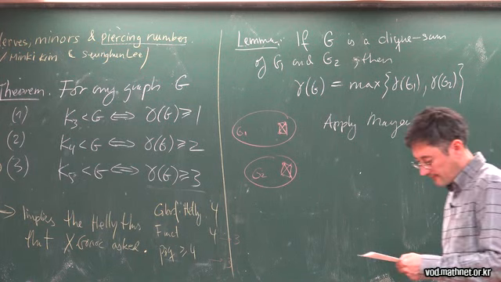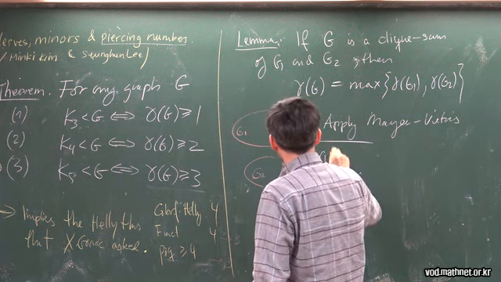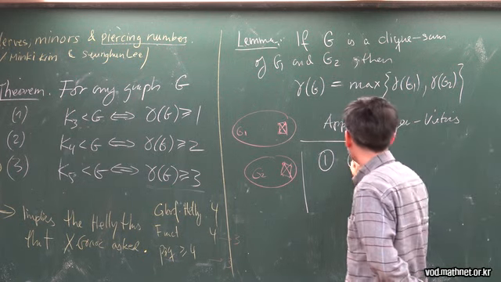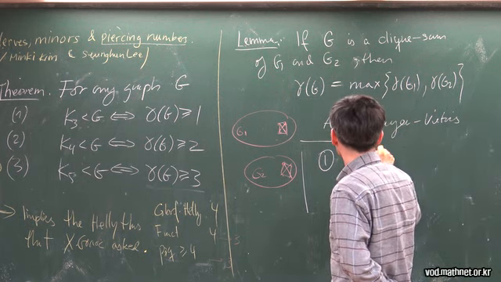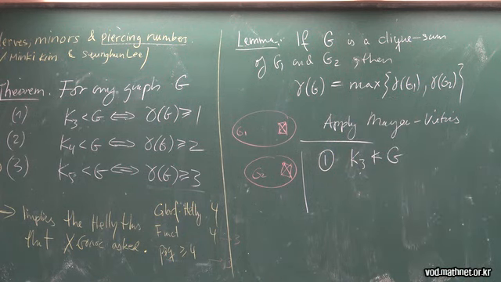And so then it's easy to prove the first two cases. If you want to prove 1, suppose K3 is not a minor in G. Let's assume G is connected. Then G is a tree.